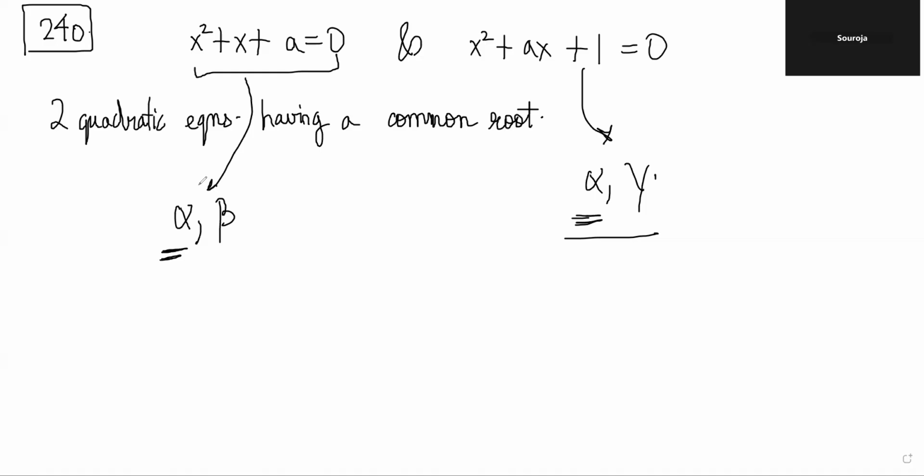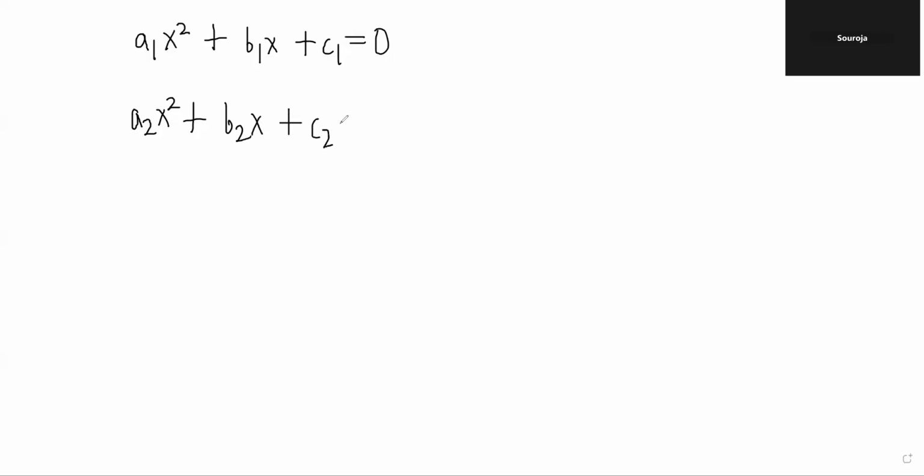Okay. So for this, we will do this theory that is important to know. Let's say our quadratics are like this: a1x square plus b1x plus c1 equals 0, and another quadratic is a2x square plus b2x plus c2 equals 0.